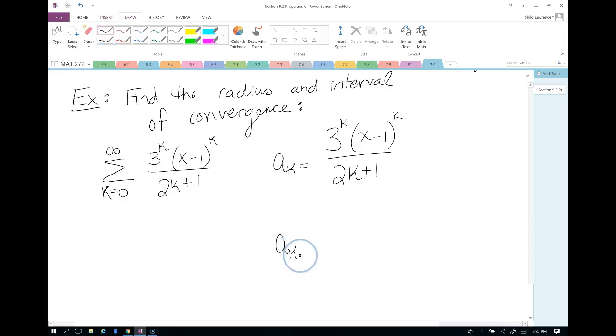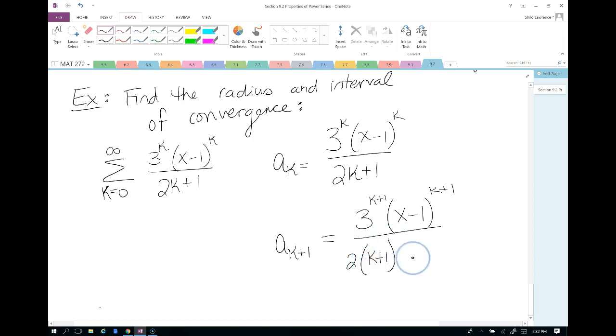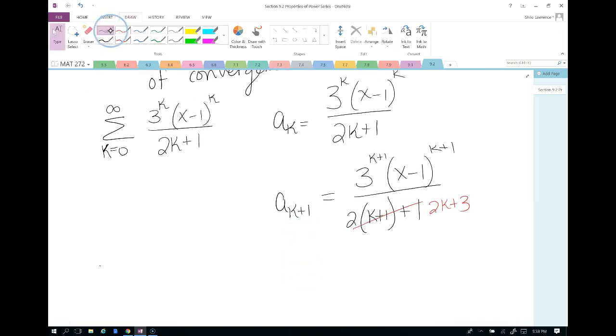And we figure that out just by replacing all of our k's with k plus 1's. So we'll have 3 to the k plus 1 power, x minus 1 to the k plus 1 power, and then 2 parentheses k plus 1 plus 1. And we could simplify that denominator actually and just write it as 2k plus 3. We would have to distribute the 2 and then combine our constants.